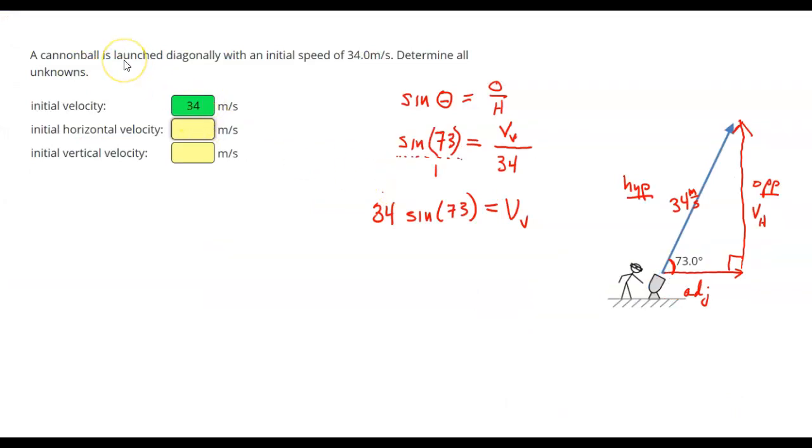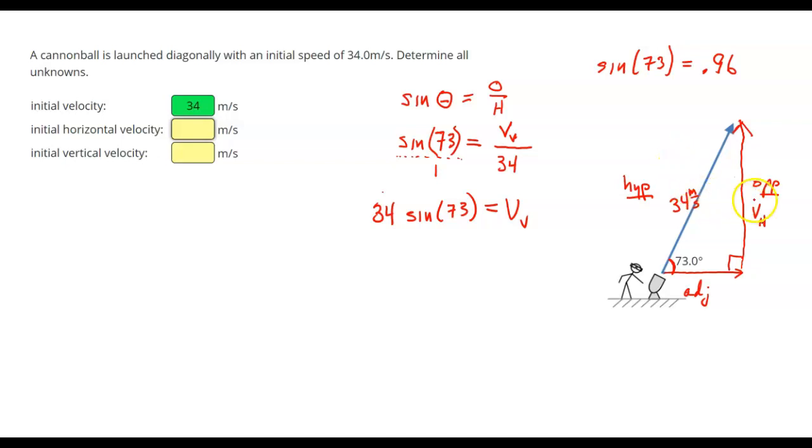Two things I want to point out. The first thing was when we plugged sine 73 into our calculator, we got 0.96. And what does that mean? That means the opposite side is 0.96 times the hypotenuse, because this is the ratio of the opposite over the hypotenuse. This basically says the opposite side is 96% of whatever the hypotenuse is.